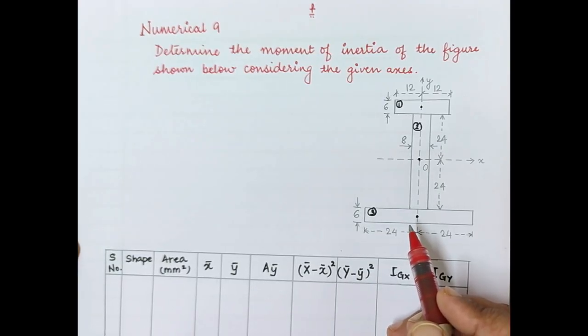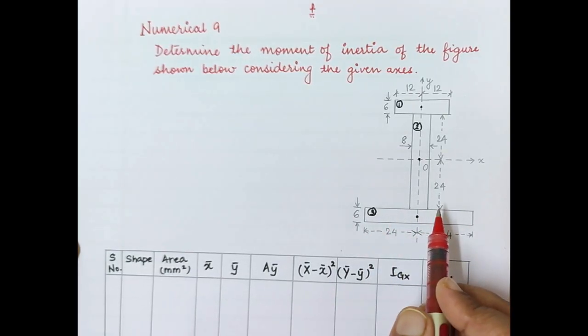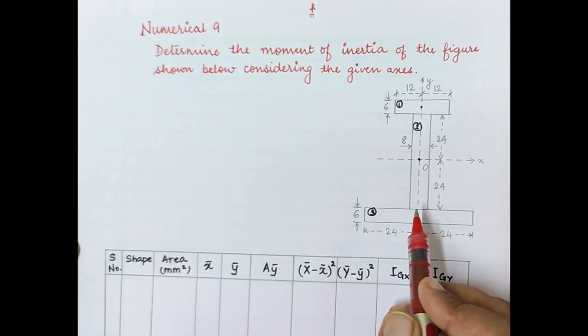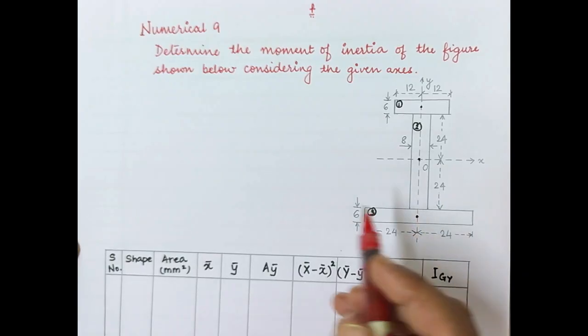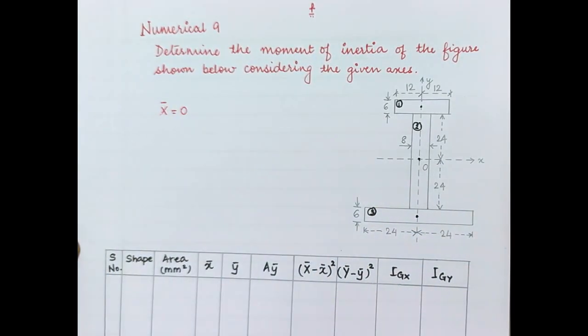We can also see that the area on the left hand side is equal to the area on the right hand side, so this entire figure is symmetrical about the y-axis. Since it is symmetrical about the y-axis, capital X directly comes out to be 0.